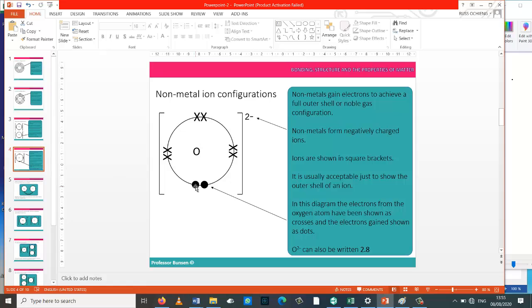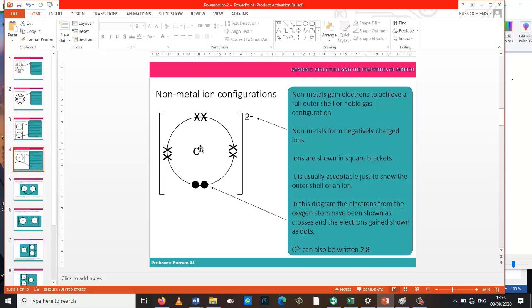Now, let us look at an example of a non-metallic ion configuration. In this case, let's talk about oxygen. The atomic number of oxygen is 8. Sorry, the electron configuration of oxygen will be 2.6.